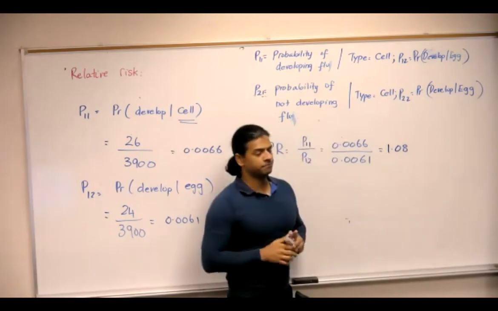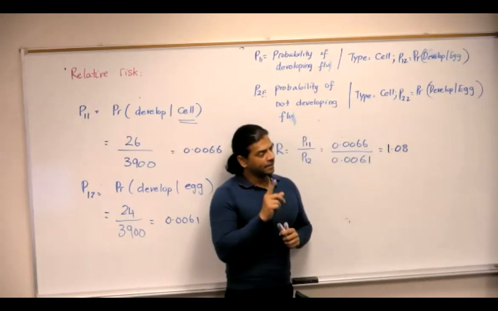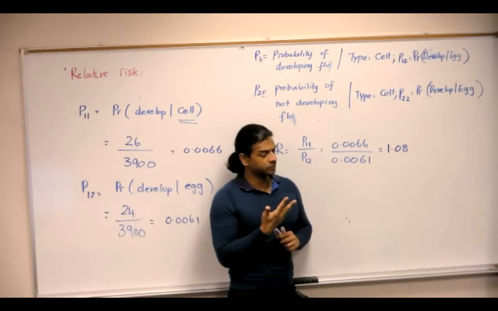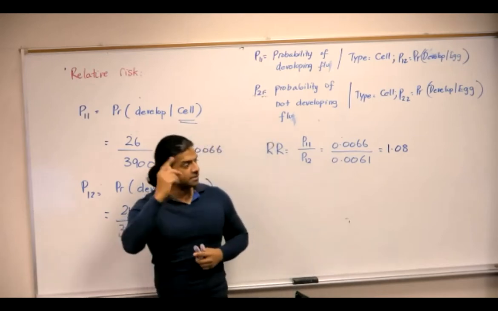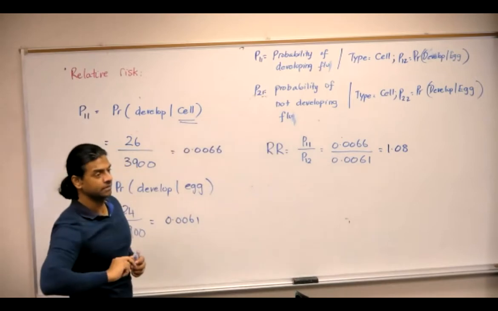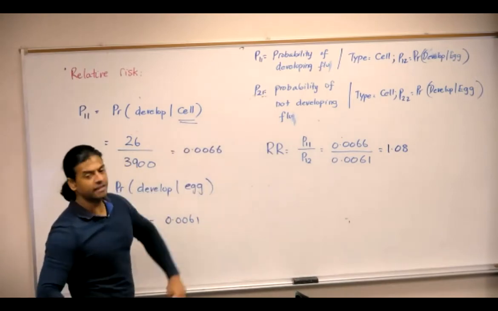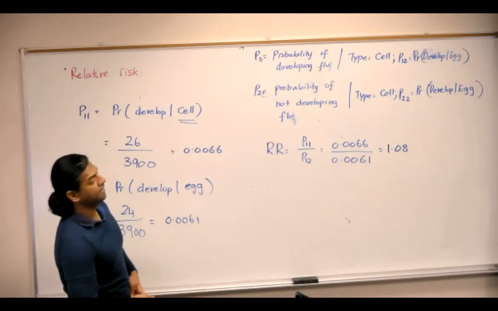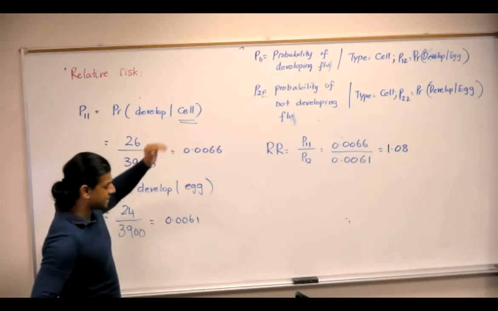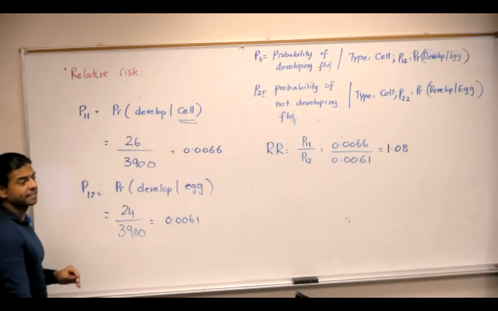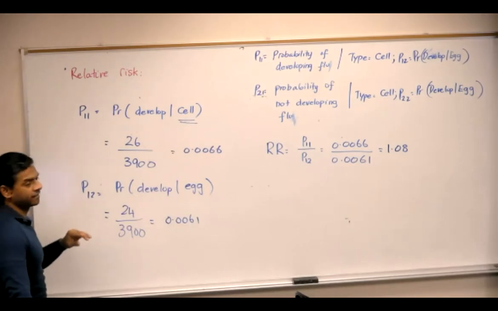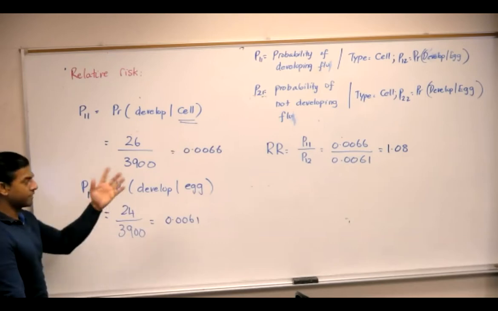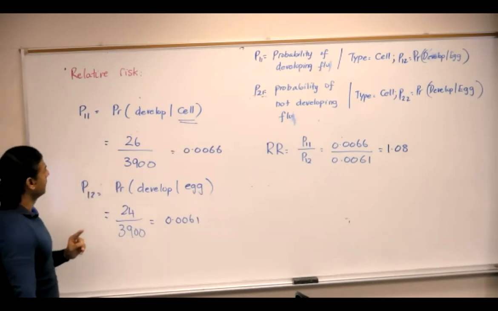And what did we mention last time? If the relative risk is close to 1 or equal to 1, then there is no difference at all. Yes, in this case, it is close to 1, so there is no difference between the cell-derived vaccine group and the egg-derived vaccine group. Does that make sense? So they are one and the same.